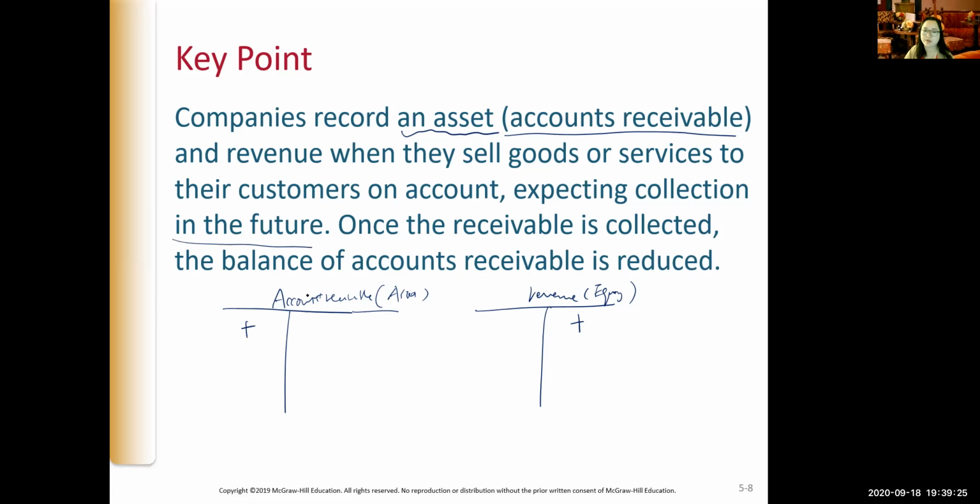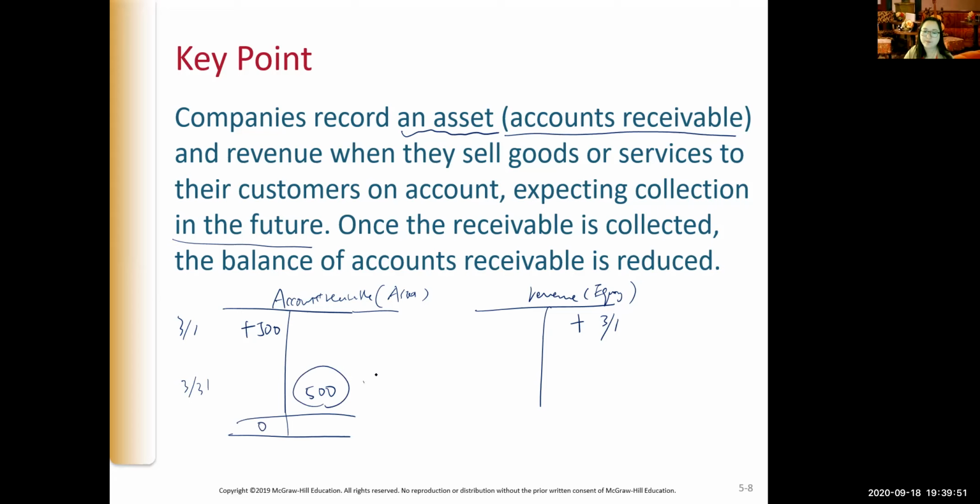Once the receivable is collected, the balance of accounts receivable needs to reduce. So March 1st, you created this transaction. Say March 31st, the person actually used 30 days to pay you. So you debited 500 on March 1st, and then on March 31st, that person paid you 500. Hence, this person should owe you zero.